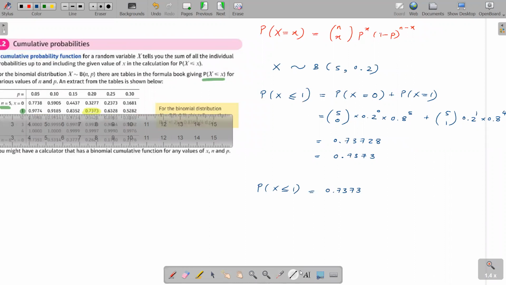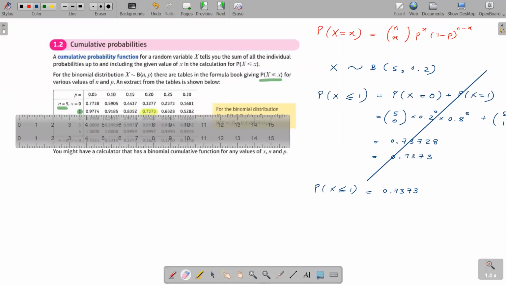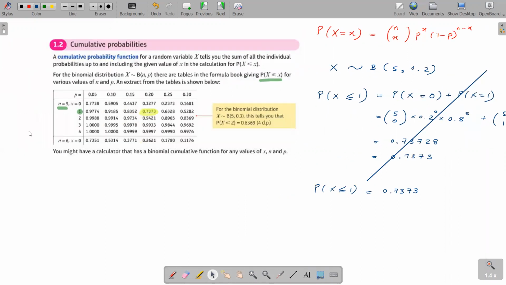Instead of all these manual calculations, we can use the table as a shortcut. So you don't need to do all of this working. Is this clear?